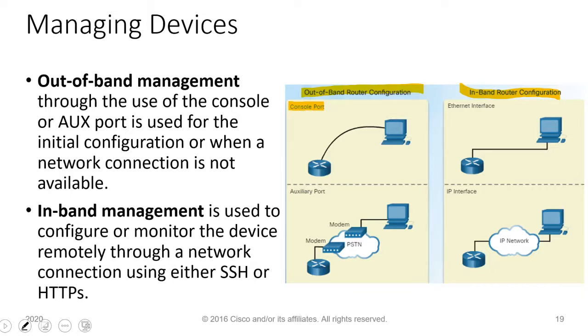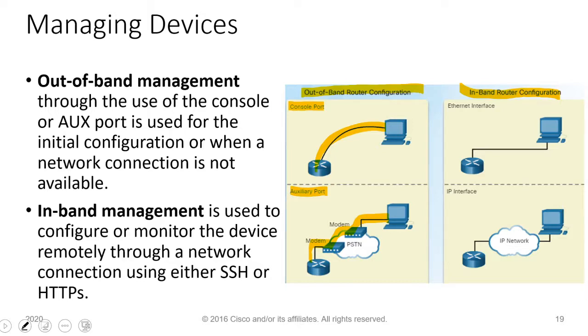So we will come and connect to the device directly, or we may use what is called the auxiliary port, and it may be connected through a specific network to our device. So that is one approach, but it will use a dedicated connection to do that.